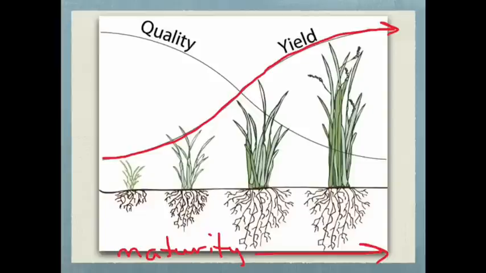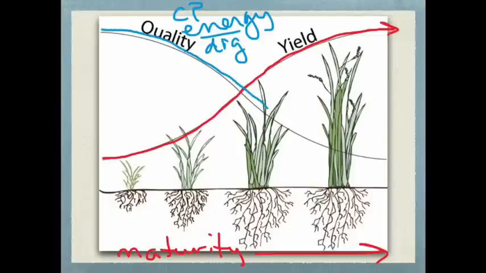They will ultimately plateau off. However, in contrast to that, as plants mature, the quality from a standpoint of, think, protein, energy, etc., or digestibility, that quality is going to go down with maturity.